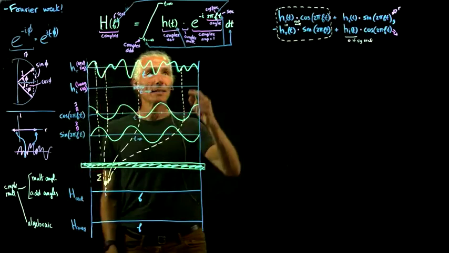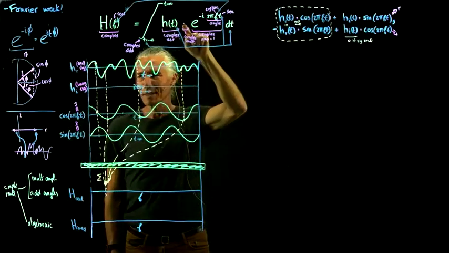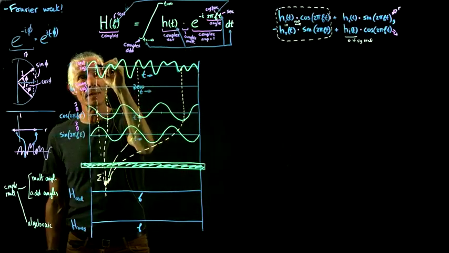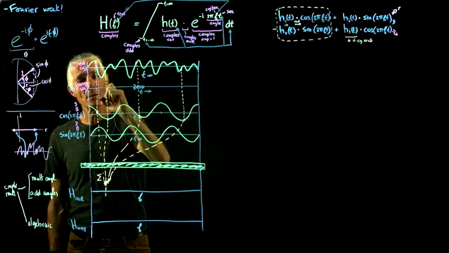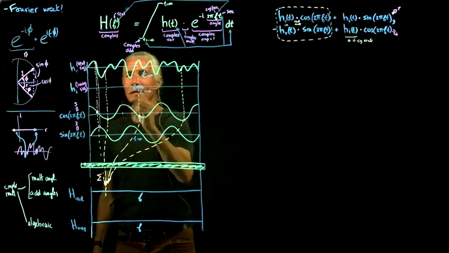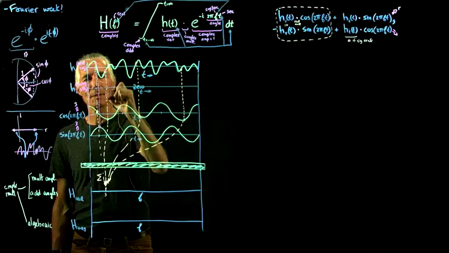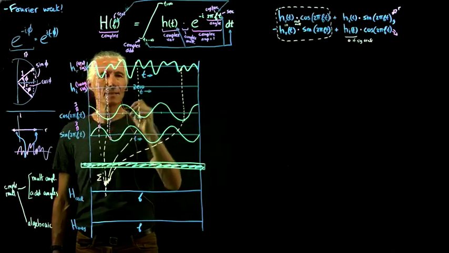Now, that was the first part of the multiplication that we're doing here. So how does the second part work? Well, you just take that same number again, and then instead of correlating it with a cosine, just correlate it with a sine. And do the same thing over here. Just take the same number, and instead of multiplying it by a cosine, just multiply it by a sine instead.